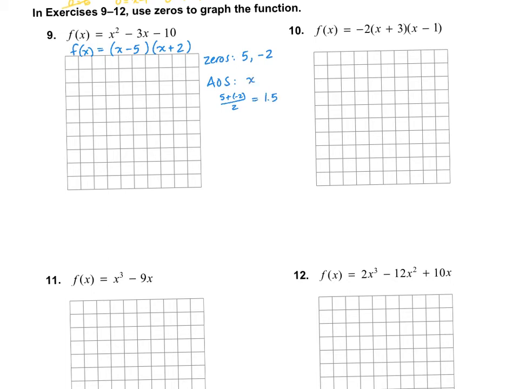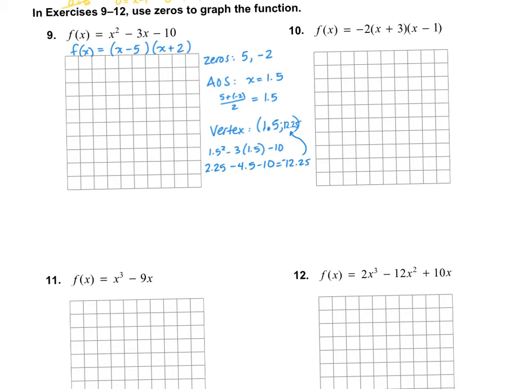So my axis of symmetry is 1.5. My vertex is going to have the axis of symmetry as my x number, and then I just need to plug in the axis of symmetry into my original equation. So I have 1.5 squared minus 3 times 1.5 minus 10, and I got 12.25, sorry, it's negative 12.25 there, and so that is my vertex.